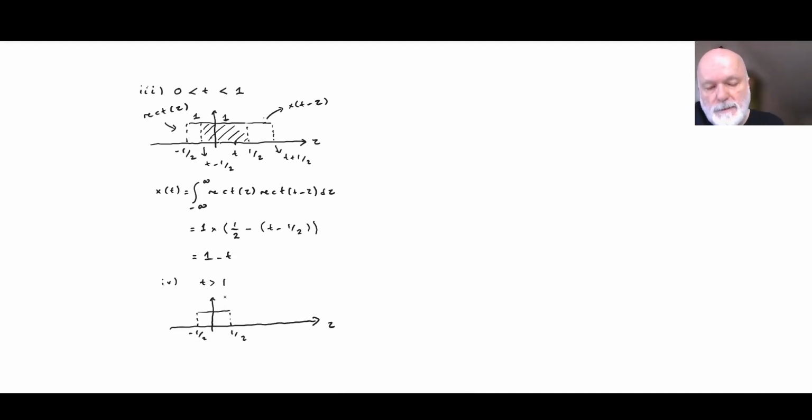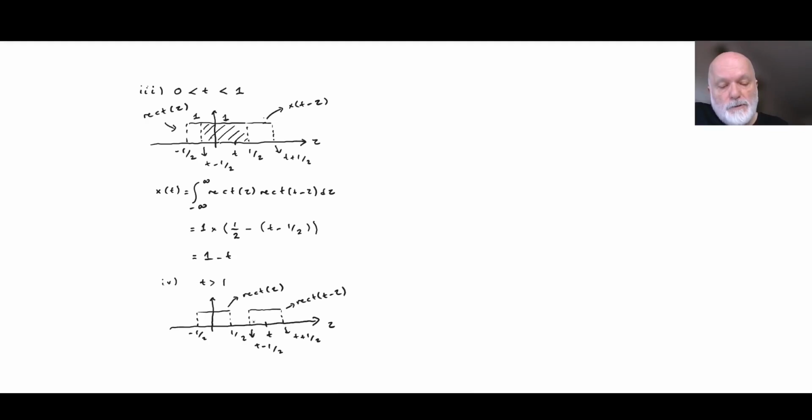So this is rect tau, and for t greater than 1, rect of t minus tau will be given by means of this graph, or illustrated in the form of this graph.